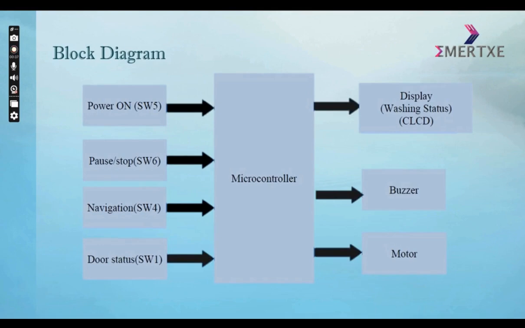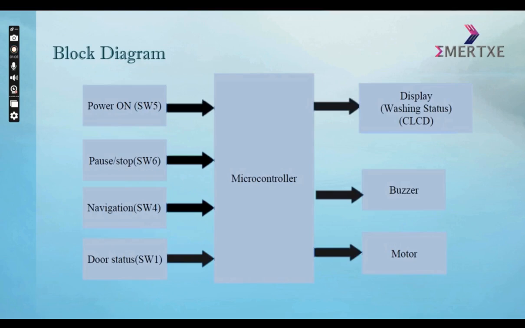And coming back to the block diagram. This block diagram consists of a microcontroller, switch 5, switch 6, switch 4, switch 1, display, buzzer, and motor. Switch 5 is used to power on the screen. Switch 6 is used to stop or pause the program, and switch 4 is used for navigation, that is, scrolling the screen.